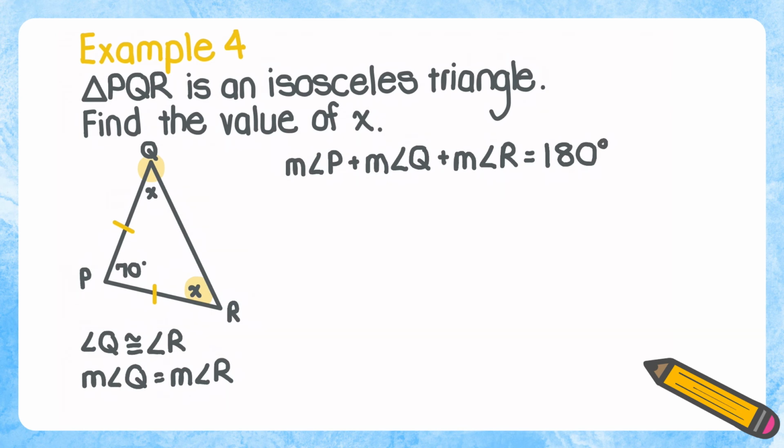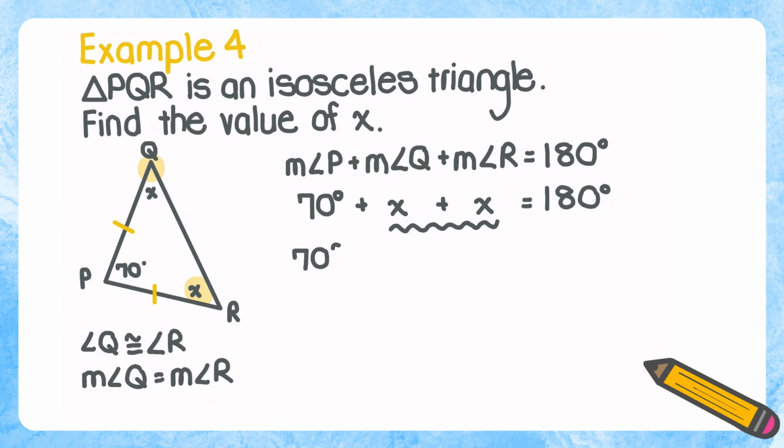The measure of angle P is 70 degrees, and the two base angles each measure x. To simplify, we can combine like terms. x plus x equals 2x. So we have 70 degrees plus 2x equals 180 degrees.